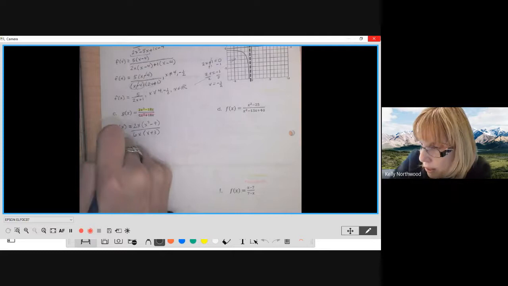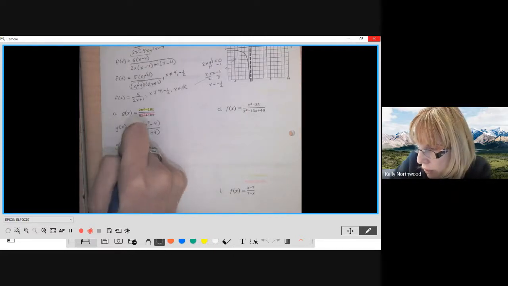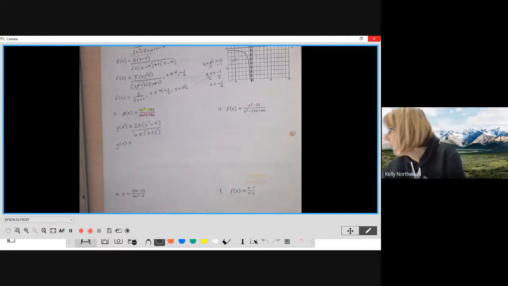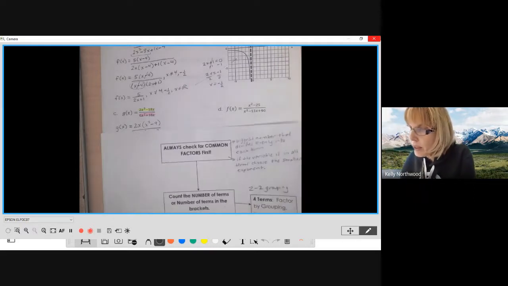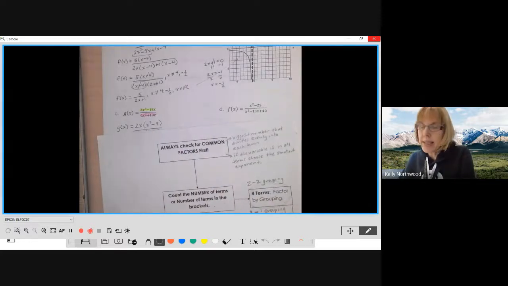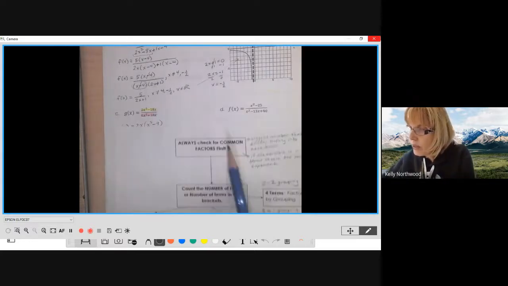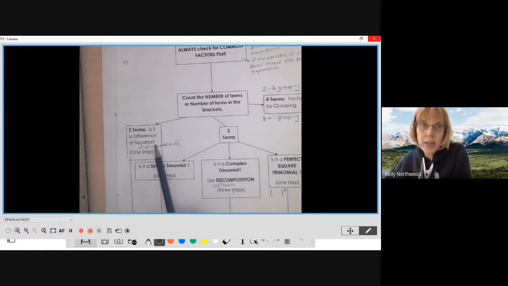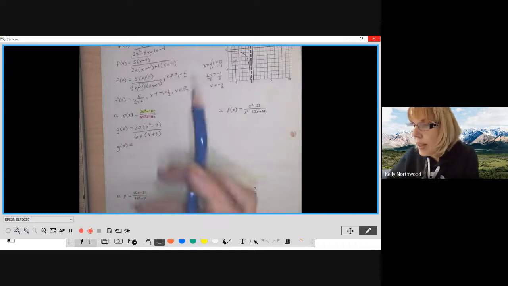So then I have to make sure that my numerator and denominator are fully factored. So again, my factoring flowchart, I common factored in the numerator. There's my common factoring. But then it says to count the number of terms inside the brackets, there's 2. So is what's inside the brackets in the numerator a difference of squares? Yes, it is.